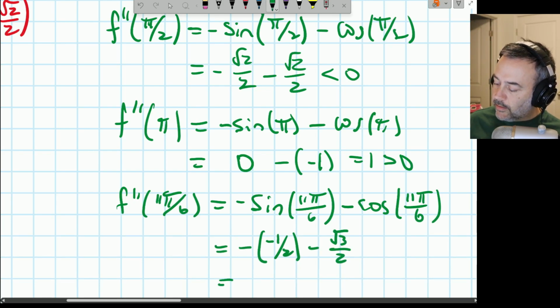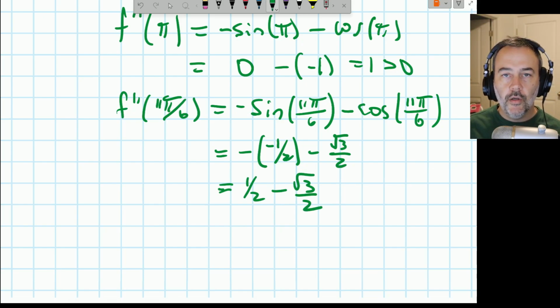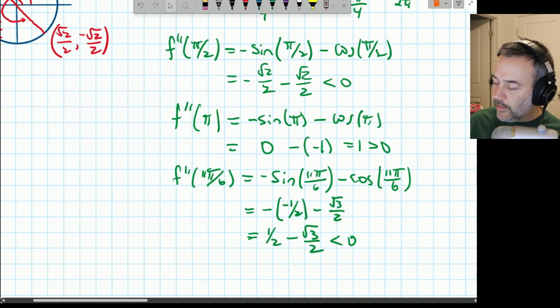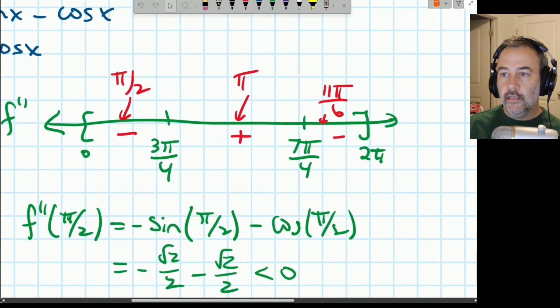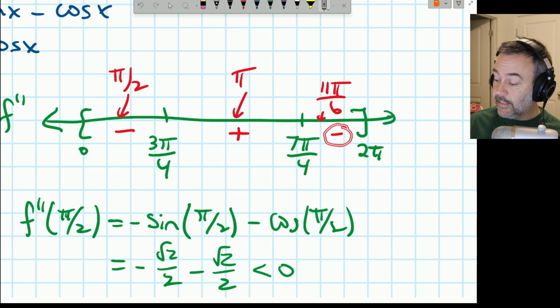So this is positive 1/2 minus root 3 over 2. Now root 3 over 2 is bigger than 1/2, so if I subtract root 3 over 2 from 1/2, this is negative. And so f is concave down here because the second derivative is negative.